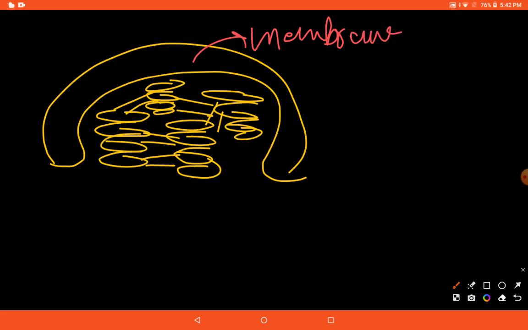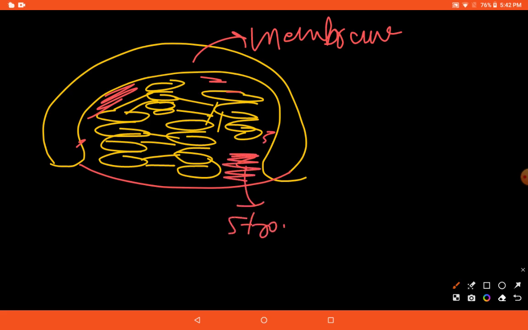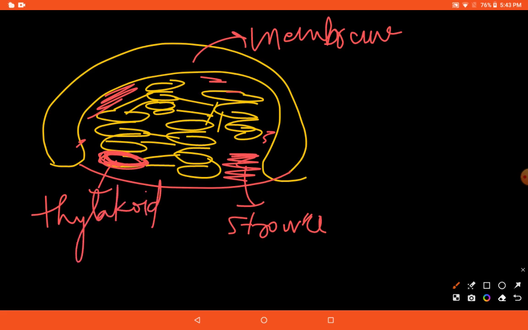Now, you have got the membrane. Now you see this part. This is your fluid-like cytoplasm, which is the stroma. Then you've got this sac-like structure, which is your thylakoid. When many such sacs join together, they form what we call a granum.